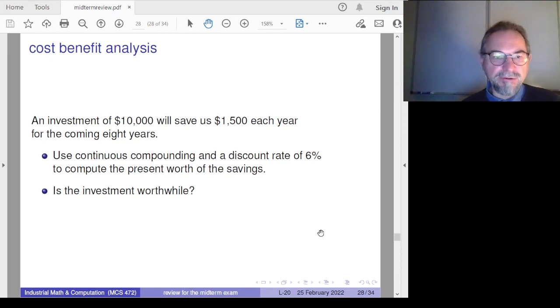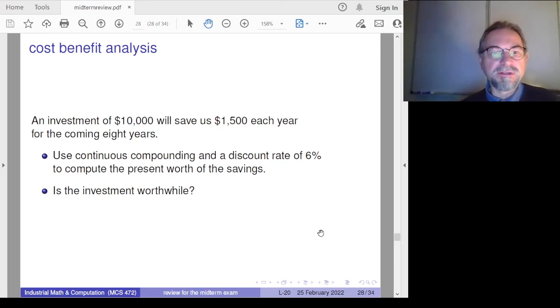So the bottom line question is, is it worthwhile? Well, if you would multiply 8 times 1,500, you would think yes, because it will save us $12,000 in total. So at the end of the 8 years, we would have $2,000 more.